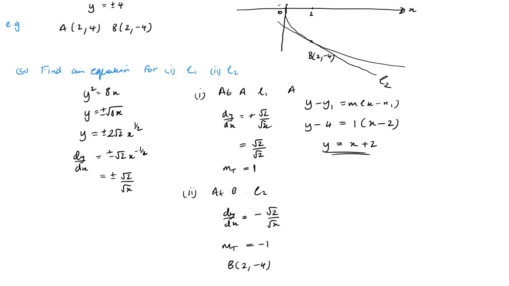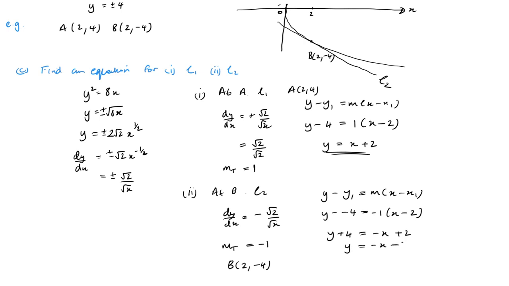This one was obviously A is 2, 4. So y minus y1 equals m, x minus x1. So y minus minus 4 equals minus 1, x minus 2. So y plus 4 equals minus x plus 2. So y equals minus x minus 2. Okay, and there we have our two equations for our two tangents. Nice and straightforward.